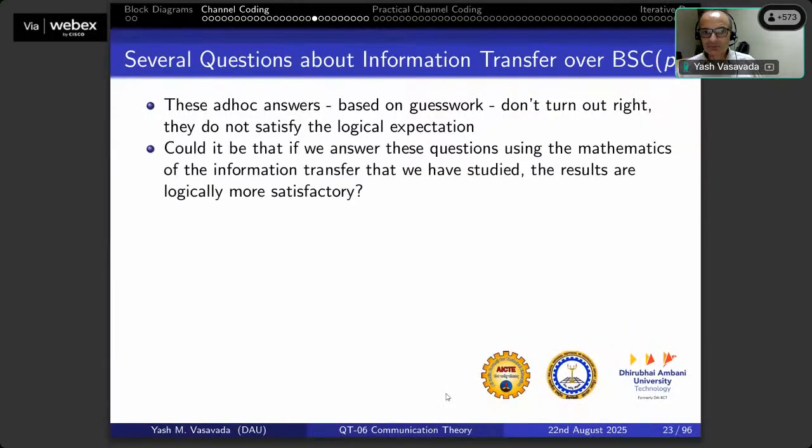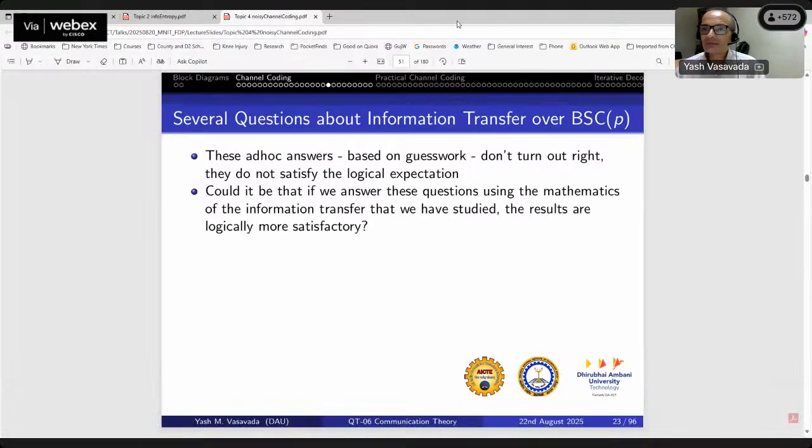So what actually works is the notion of information transfer. What is information transfer? For that, let me see how much time you have. Maybe 5 more minutes.